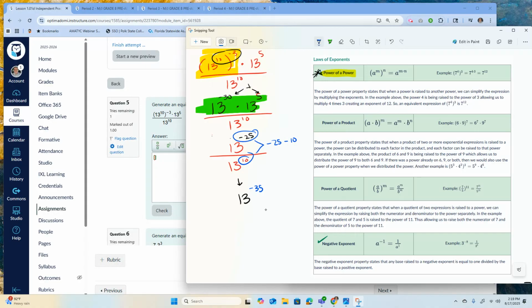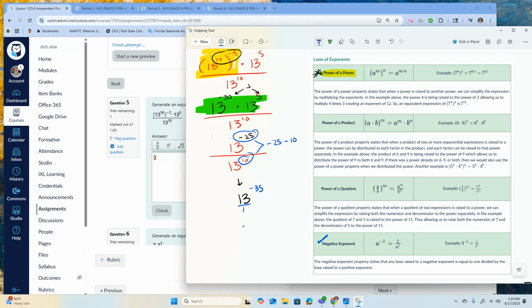I also told you that when your final answer has a negative exponent, you cannot leave it like that. So we're going to apply the negative exponent rule. Remember that this rule says you take the base and flip it, and give back the exponent but positive. So you understand what I mean by flip, 13 can be written as 13 over 1.